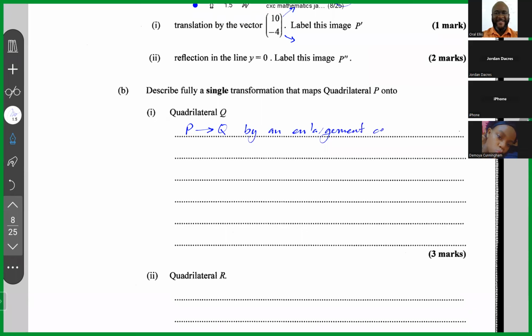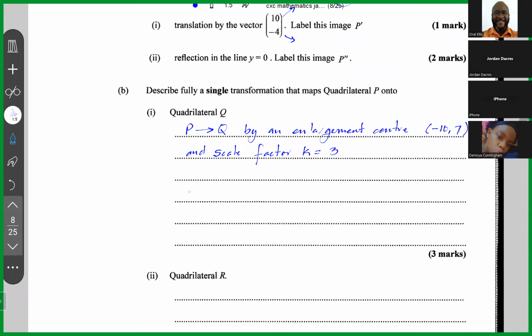The center of the enlargement is -10, 7, and scale factor K is equal to +3.